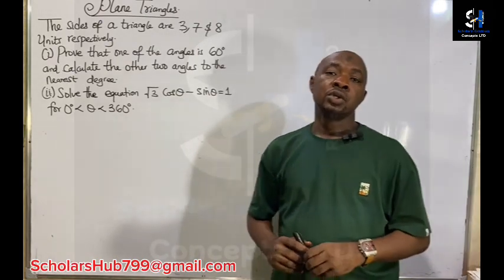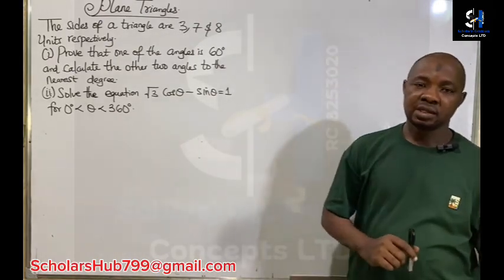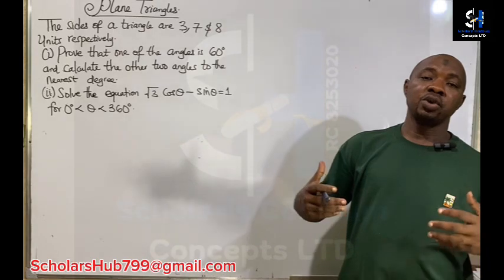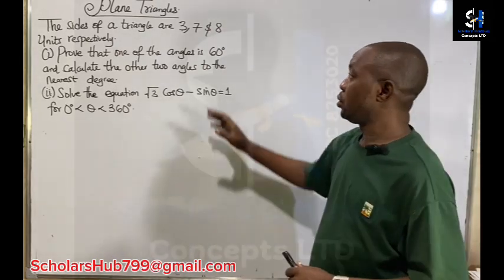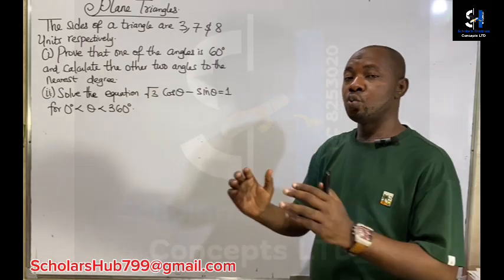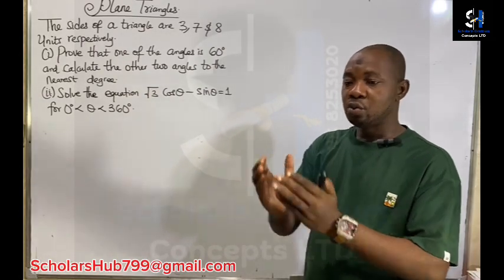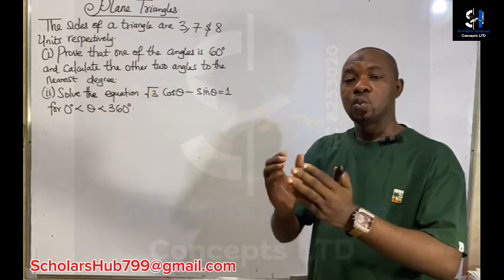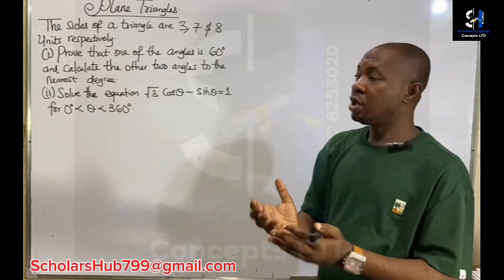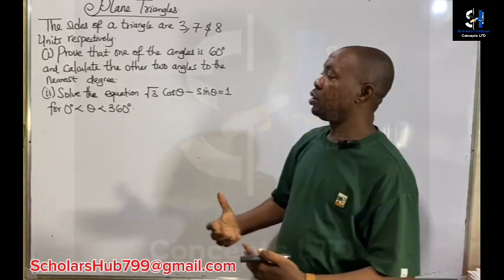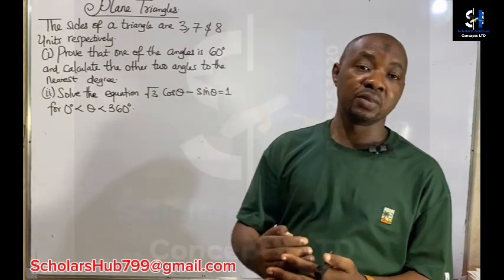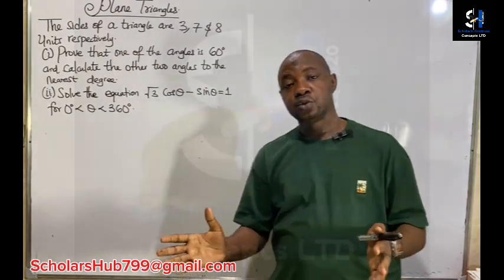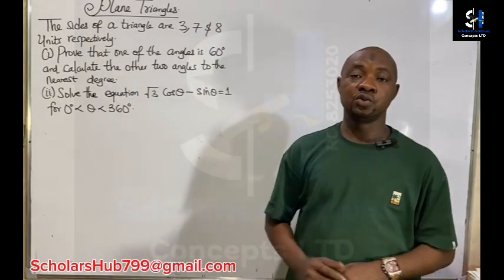To solve problems like this, we're going to employ the cosine rule, because we have a triangle with three side lengths given without the angles. So we are going to apply one of the rules used in solving problems involving plane triangles, and that is the cosine rule.